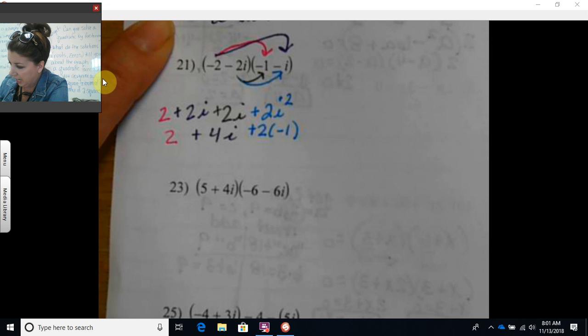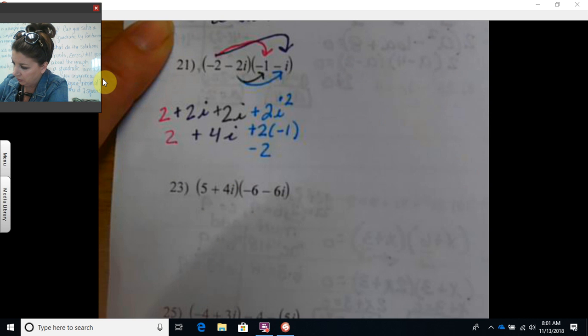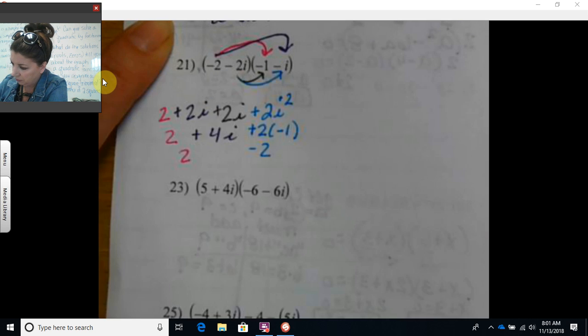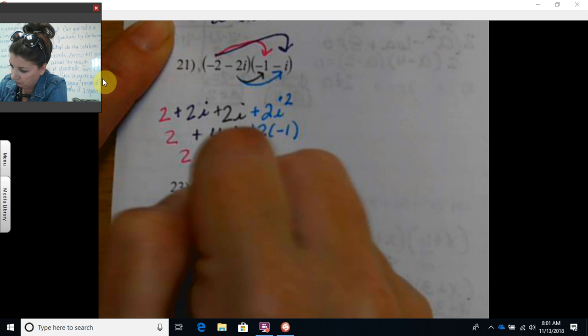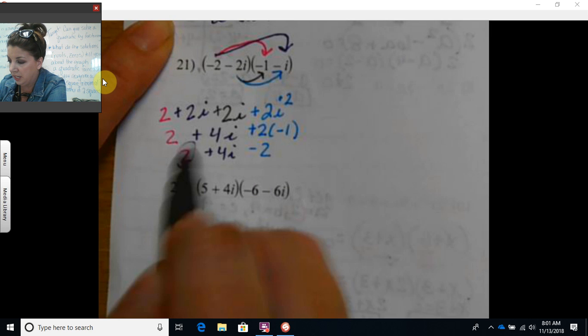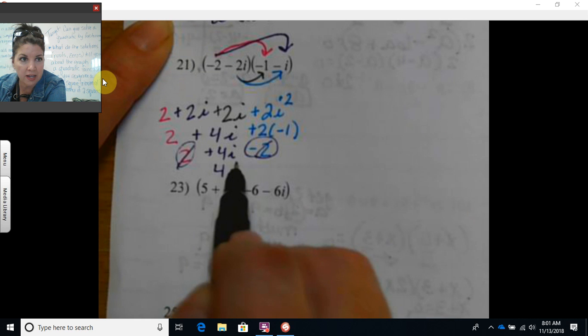So I have 2 plus 4i minus 2. What's my final answer going to be? 4i, right? Because when I combine these two real parts, they are going to cancel each other out and just leave me with 4i.